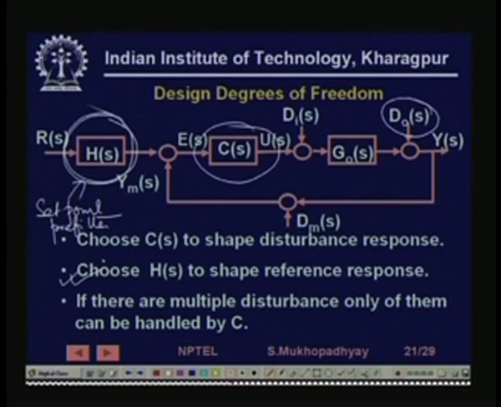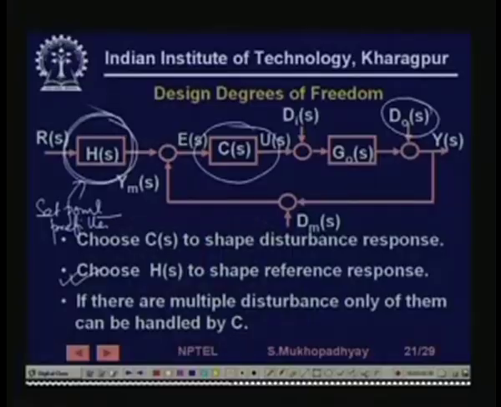Although there are constraints, you still cannot have arbitrary responses realized through this structure, but you have now created 2 independent avenues for shaping the reference as well as the disturbance. But remember that if you choose only one C, then you cannot shape your response to D0 and Di and Dm simultaneously.